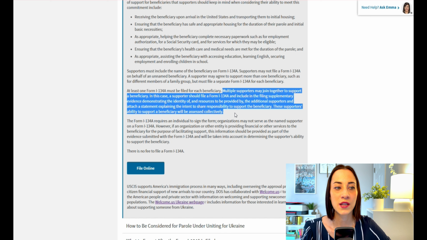These supporters' ability to support a beneficiary will be assessed collectively. So in this particular case, only the primary supporter will fill out the form I-134A. However, if there is anybody else who would like to contribute their income, they will not be filling out an additional form I-134A. They will simply be included in the application.